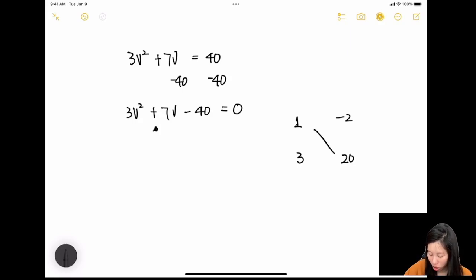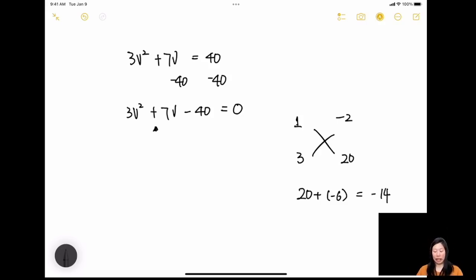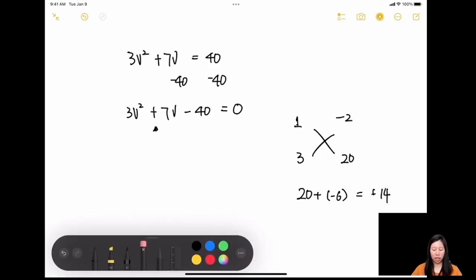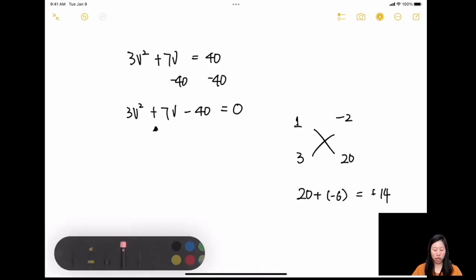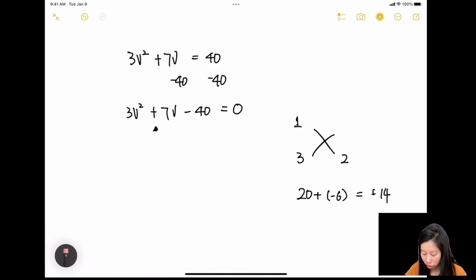Okay, so cross over 7. 2 times negative 2 is negative 4, which is, I mean, positive 14. Okay, not this one because we want it to be 7. So we want these two numbers to be closer. Okay, so not negative 2 and 7.